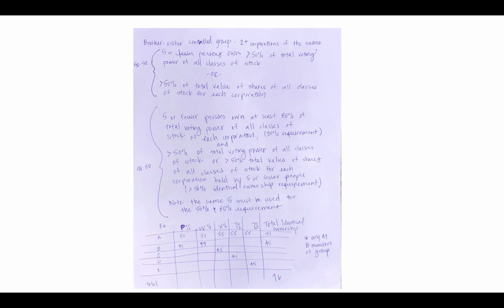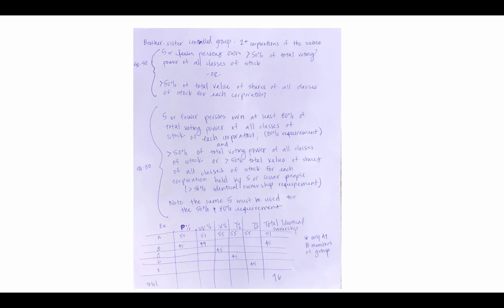That only has to be above 50%. All right. Now at the bottom, the total column, they have 100% ownership of P together and 100% ownership of W together. So that part has to be above 80. It is for them. It's 100. So P and W are brother-sister corporations, but not X, Y, and Z.